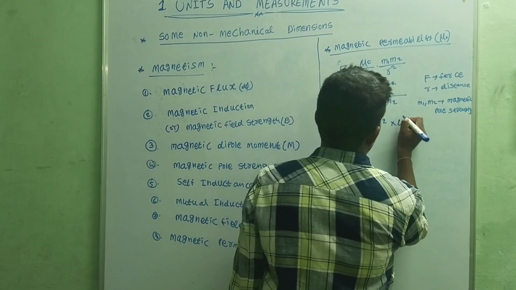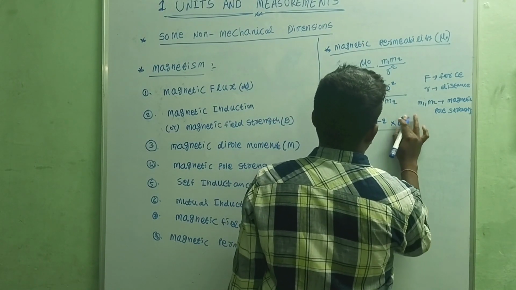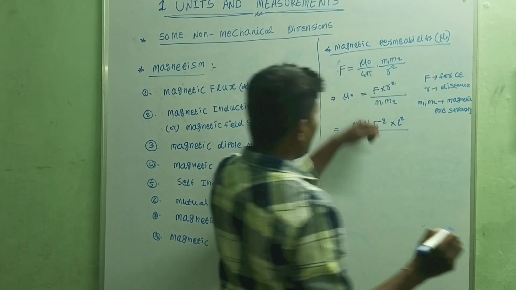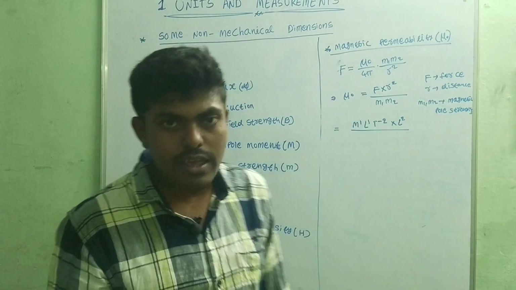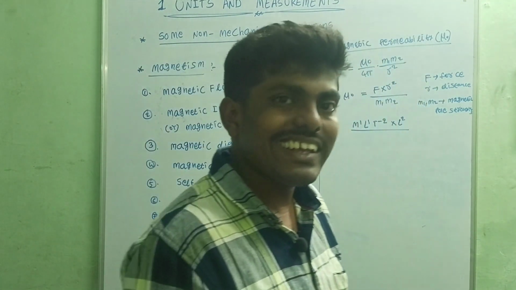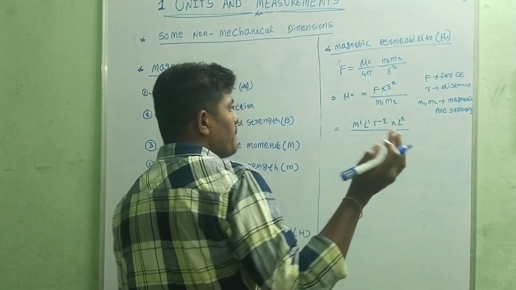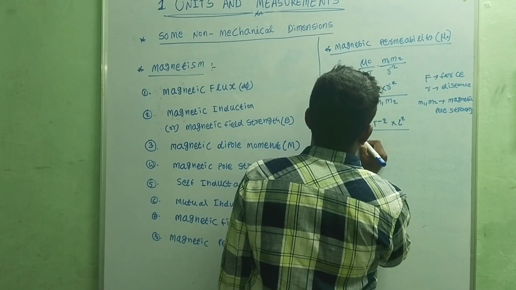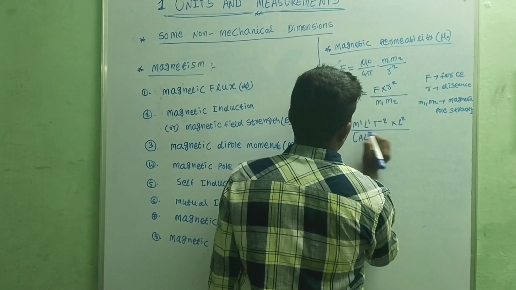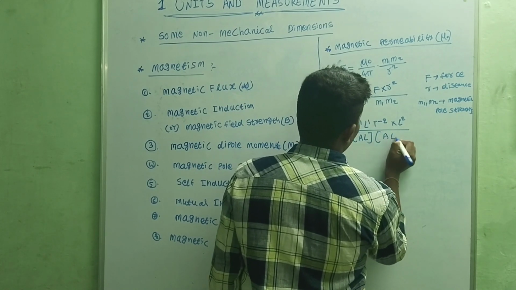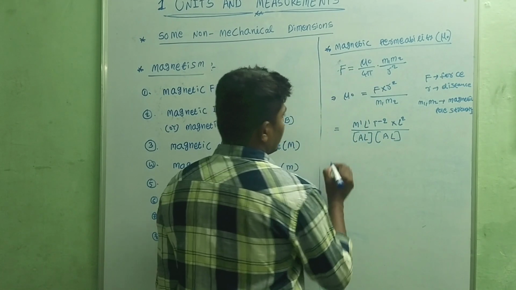We also know the dimensions of magnetic pole strength is AL, ampere meter. So m1 is AL and m2 also can be written as AL.